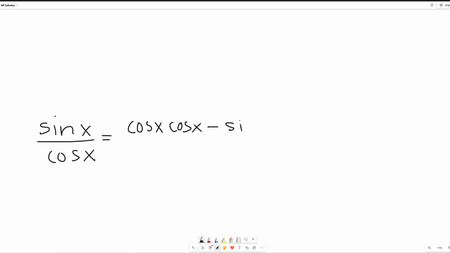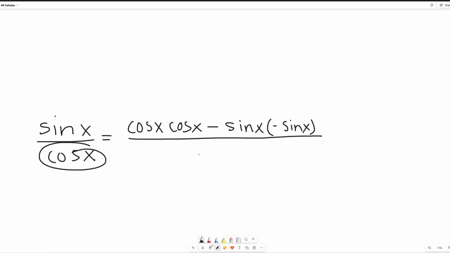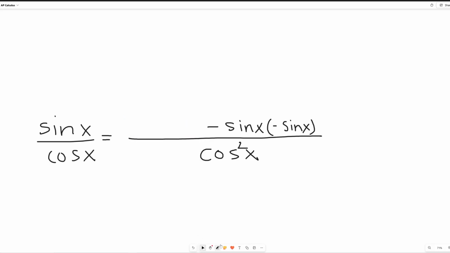So sine of x and then negative sine of x over cosine x squared. And I'm just going to write it like this. Now, this might not look like anything right now, but we can combine cosine x and cosine x into cosine squared x, right? This negative over here goes to here, so we get a plus. And then sine of x and sine of x, well, that's sine squared of x.